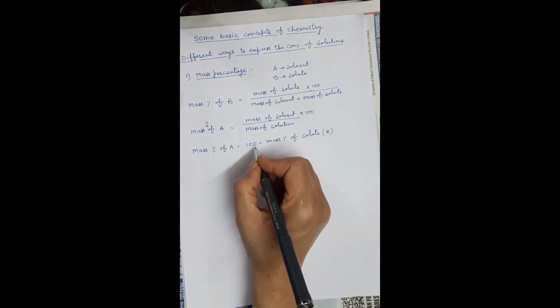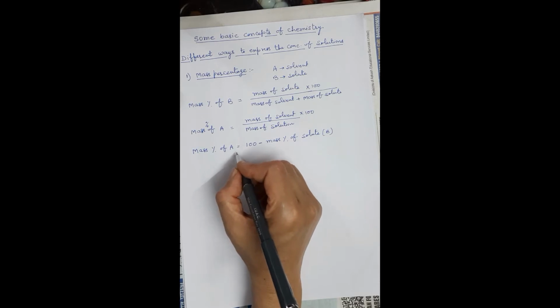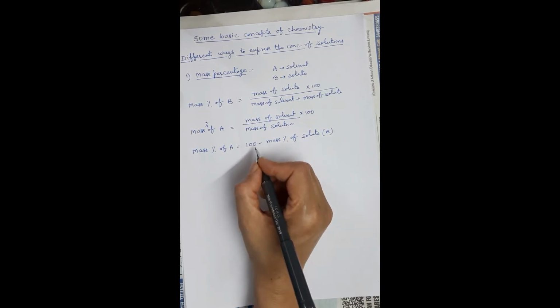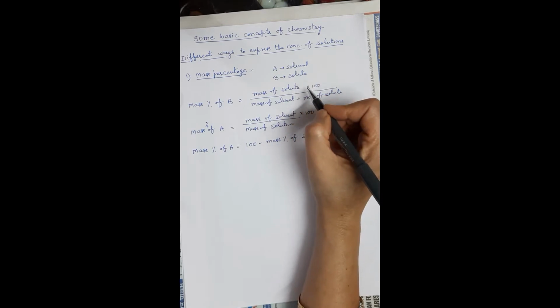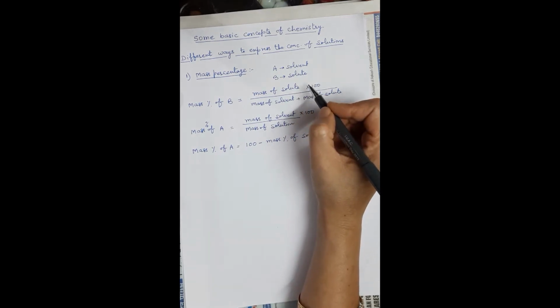So this is also a method to find out the mass percentage of another component, provided only two components are there. So in this case we are talking about the binary solution in which only two components are there.